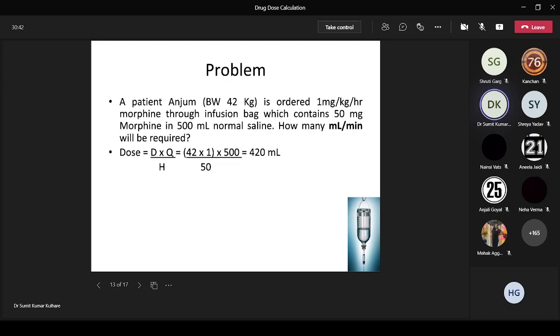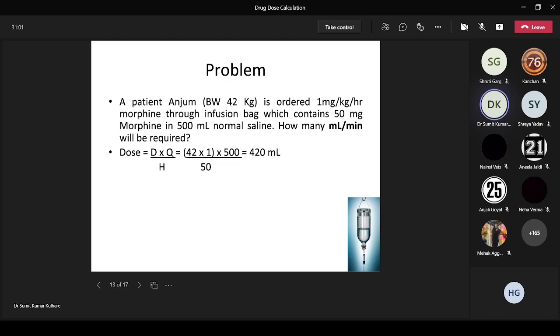So H will be 50, and Q will be 500. So this is the total dose which is to be administered. That is 420 ml of the solution is to be administered to the patient. This is the total dose or the total volume.